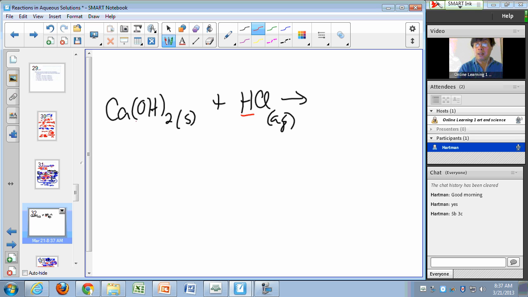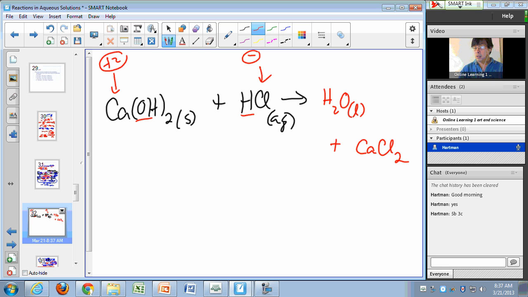So H plus will combine with hydroxide to give you water. And what's the other product? Calcium and chloride together. Calcium is plus 2, chloride is negative 1, so the other product is CaCl2. And it's soluble in water, so we write aqueous. Okay?